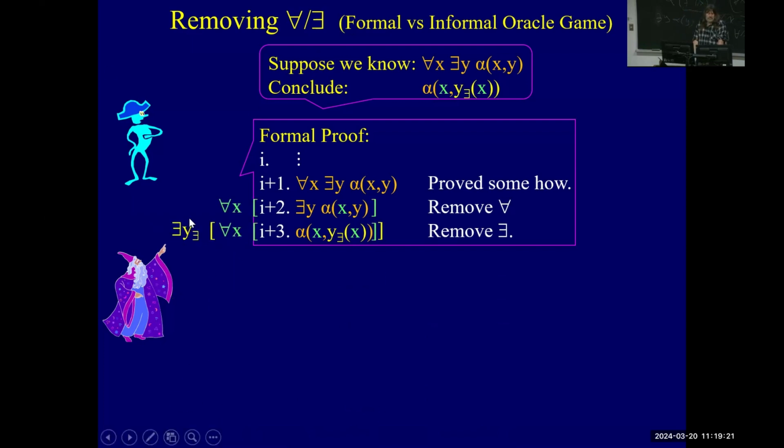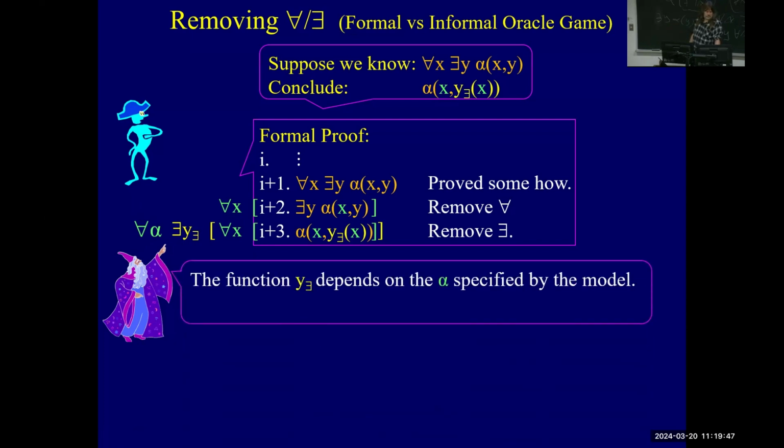What it means is there exists some function y that works for every x. That's our understanding assumption. And here we got for every alpha, you give me any alpha, then there exists some function y that works for every x. Everybody kind of following this?